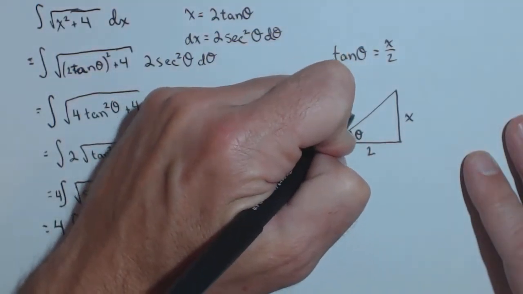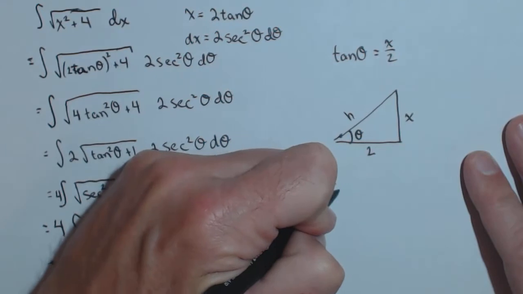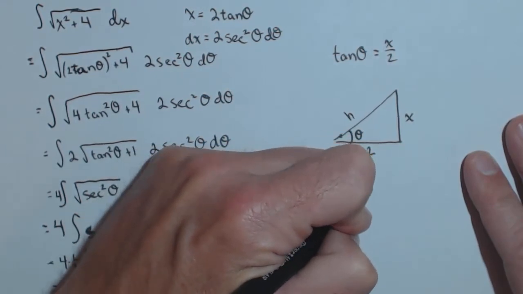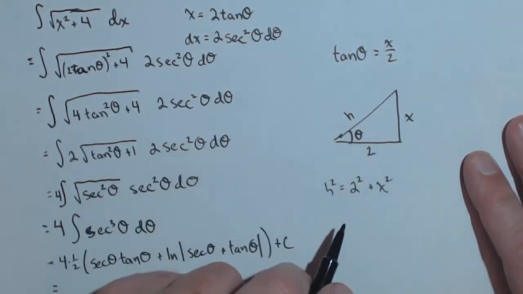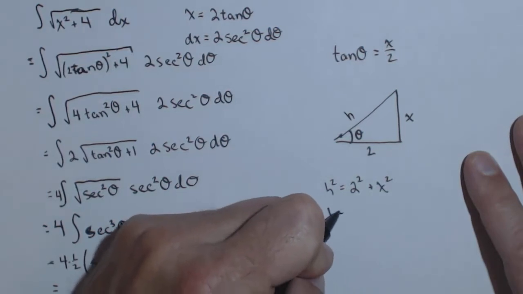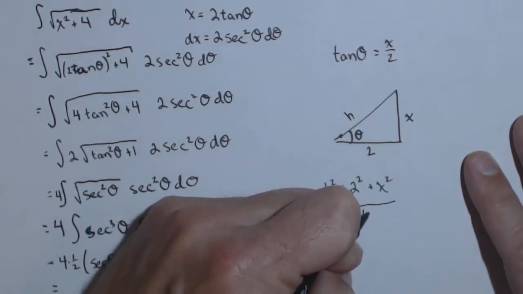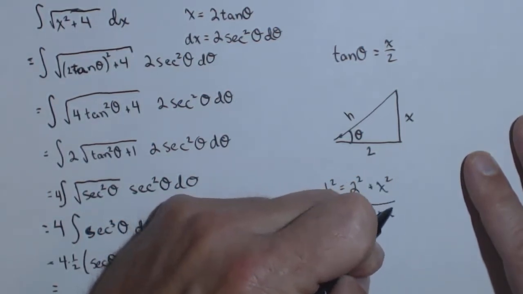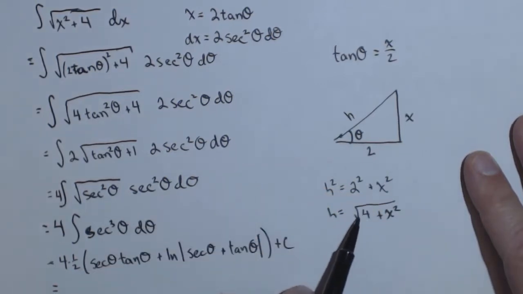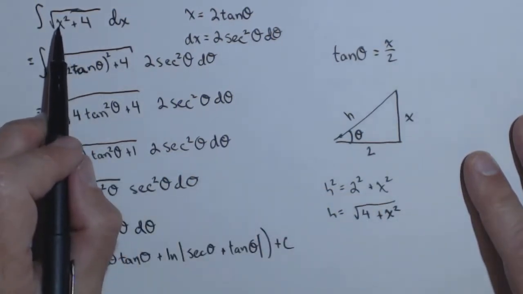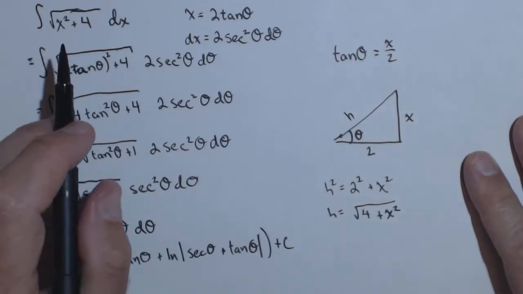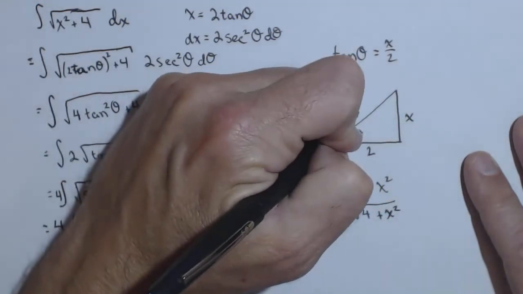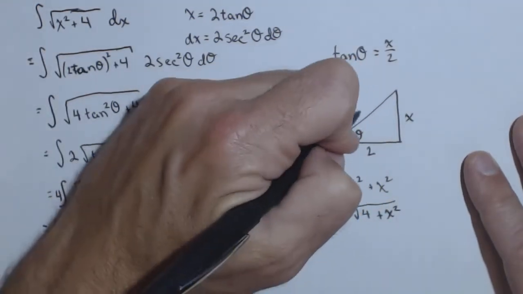If we call it, say, h, we know h squared equals 2 squared plus x squared from our Pythagorean theorem, or that h equals square root of 4 plus x squared. This looks really familiar. It was in our integrand. If you want square root of x squared plus 4, that would be fine as well. So there's our hypotenuse.